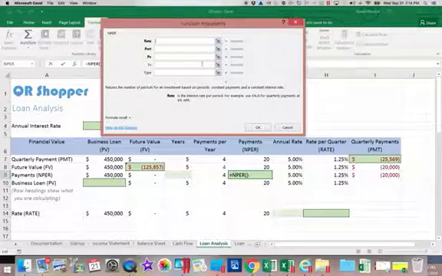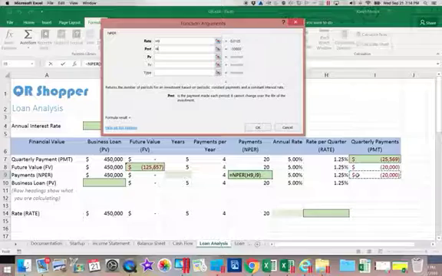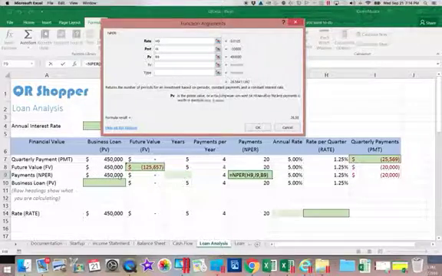This time we are in row 9, so we're going to have a 1.25%. The payment is our $20,000. We borrowed $450,000. Now this time we're actually paying it off, so the future value is 0, so we can leave that blank, and the type we can leave blank.